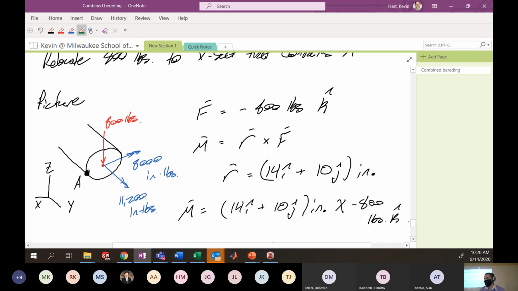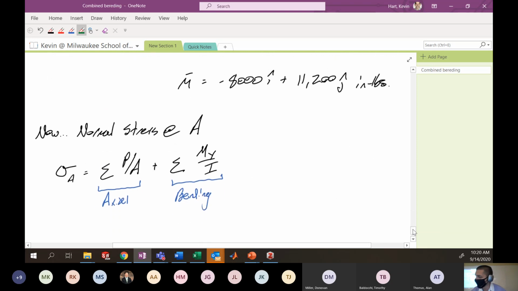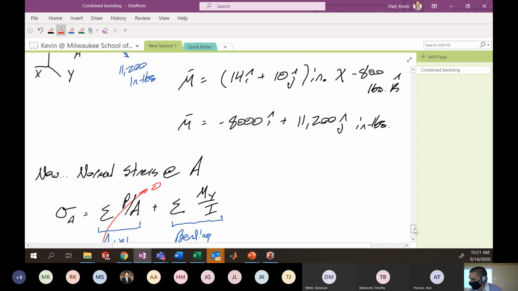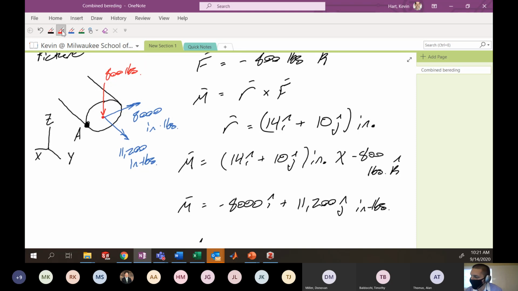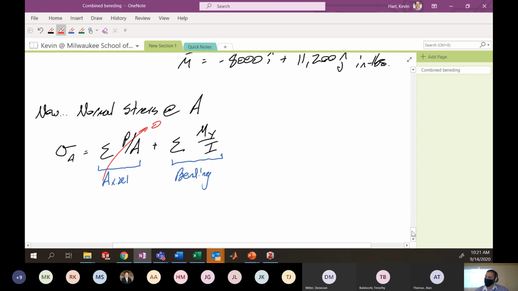Transverse loads are responsible for the transverse shear stress component, which is not important right now when we're talking about normal stress. Because of that, I don't have any axial loads acting on this member. There are no loads that run along the axis of this member, so there's no contribution to the normal stress from axial loads in this problem.